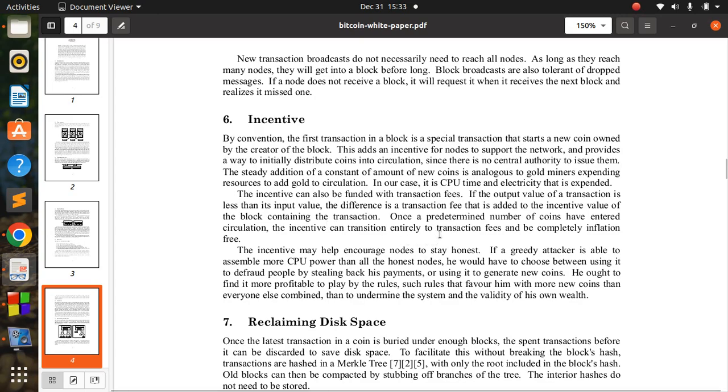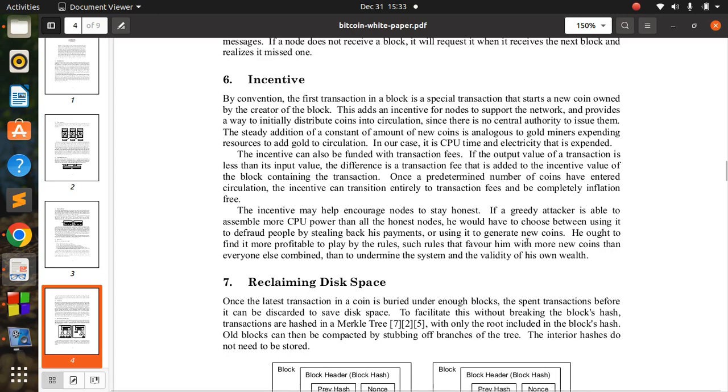Once a predetermined number of coins have entered circulation, the incentive can transition entirely to transaction fees and be completely inflation free. So just pure economics on how to manage money in the economy or money circulation. The incentive may help encourage nodes to stay honest. Means they don't want to branch out and start creating problems for the blocks.